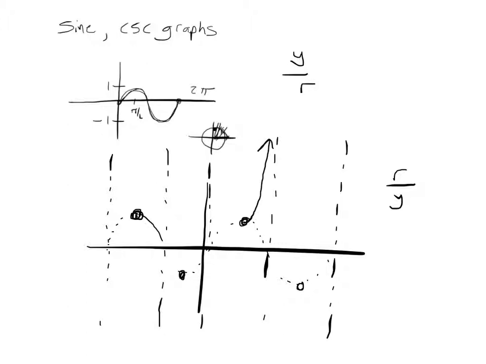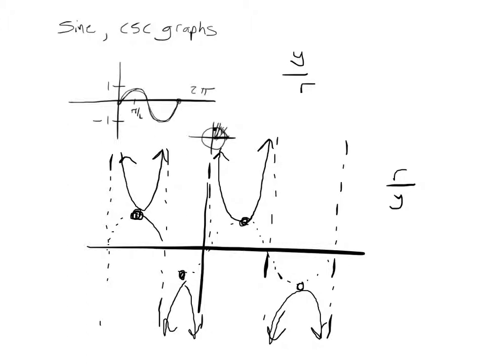So if I reciprocate those small positive numbers, they become large positive numbers. Ditto down here on this side of my sine curve. Reciprocals of negative numbers very close to 0 are going to be very large negative numbers, so I'm going to pop down and have an arch that opens down there. And for every arch above or below the x-axis, I'm going to have these reciprocating arches that look like so.